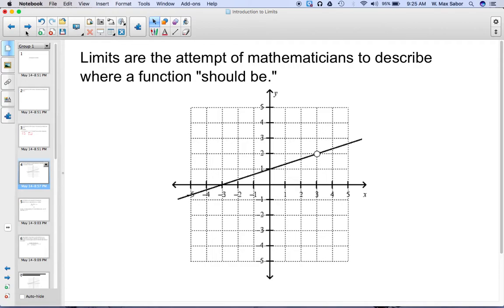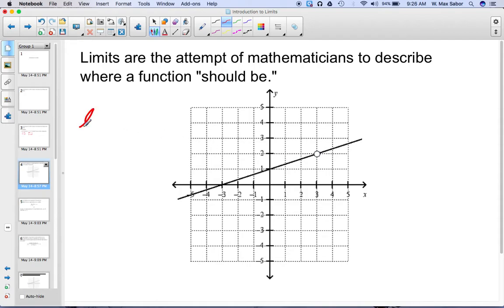Limits are the attempt of mathematicians to describe where a function should be. So here's an example of a function that has a hole at (3, 2). It's mostly linear, except it has a break.